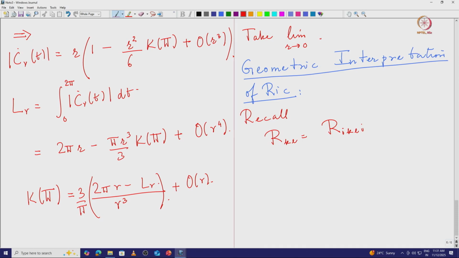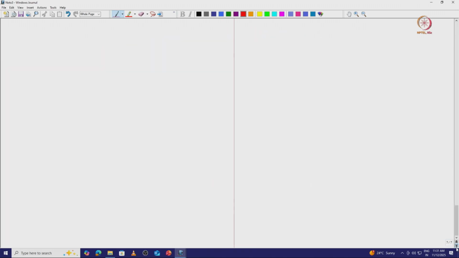So here's a proposition. Also recall that if you are working on an oriented manifold, the volume form is precisely given by the square root of the determinant of G times dx1 up to dxn, where G is the matrix formed by the components of the Riemannian metric. Then I have the following proposition.